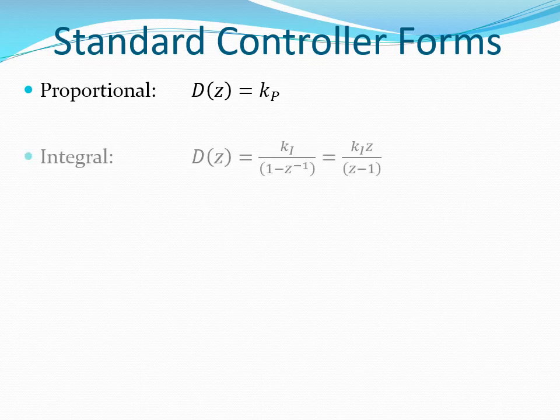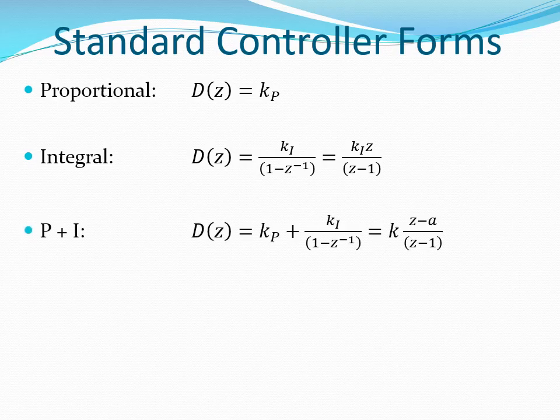The standard controller forms are: for proportional controller, D(z) equals Kp. Therefore, it does not introduce any pole or any zero. Integral controller, D(z) equals Ki z over z minus 1. Therefore, it introduces a pole at 1 and a zero at 0.